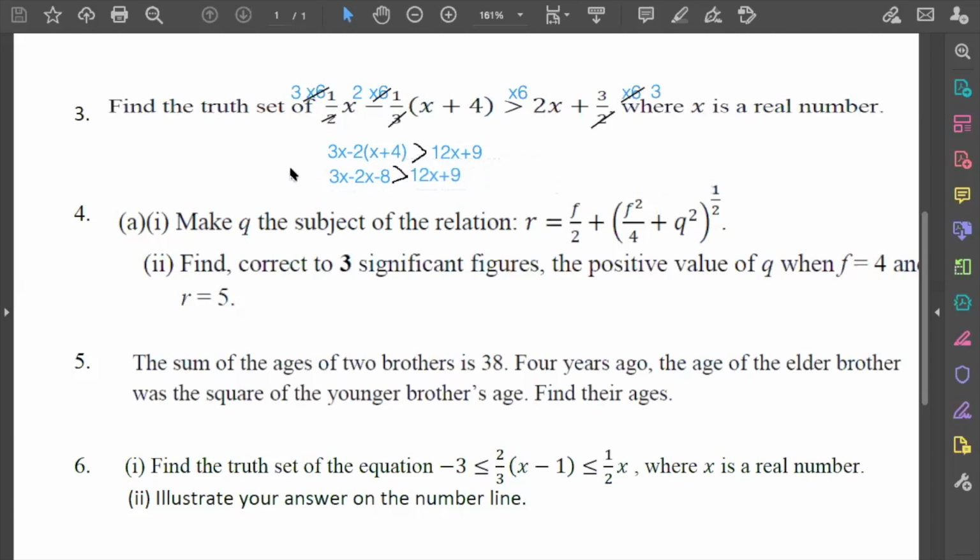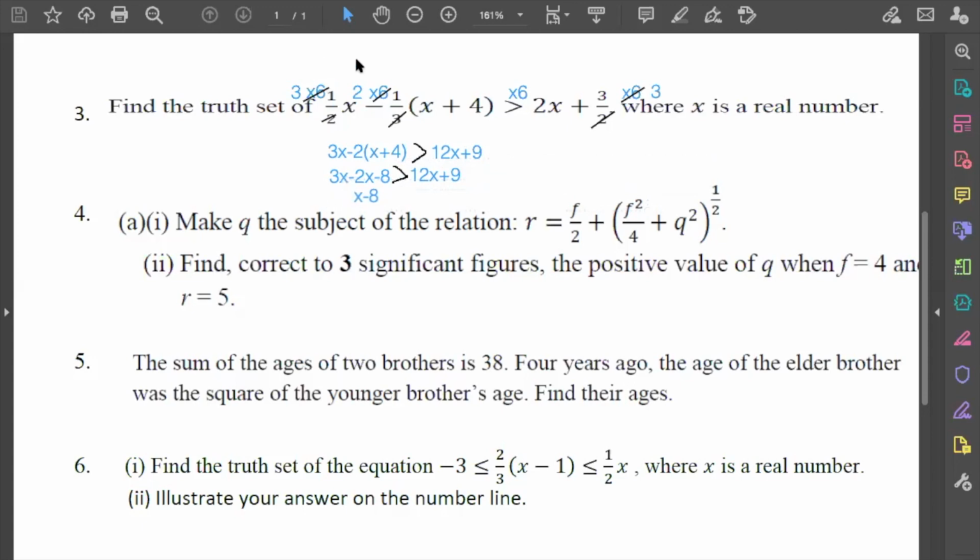Good. Now we need to further simplify and group like terms. What do I have for 3x minus 2x? 1x. Good. So we write x. So here I have x minus 8.